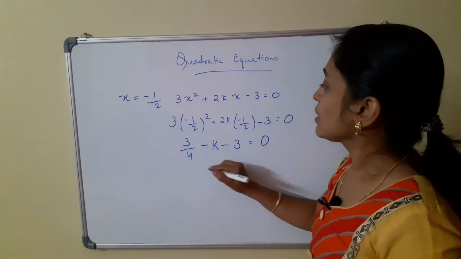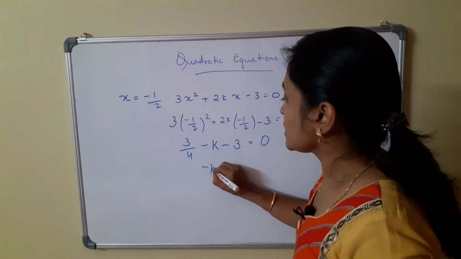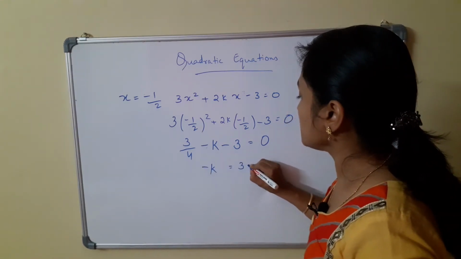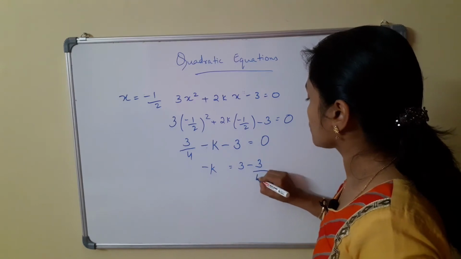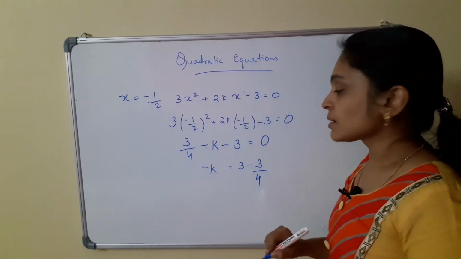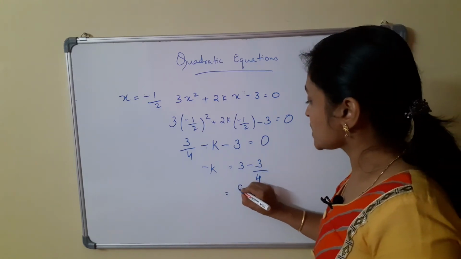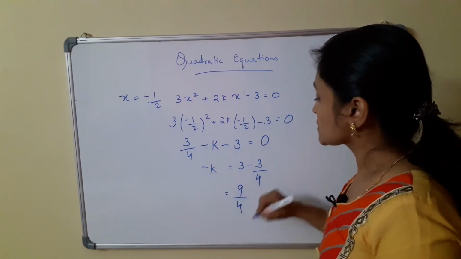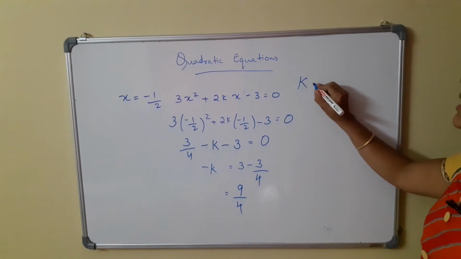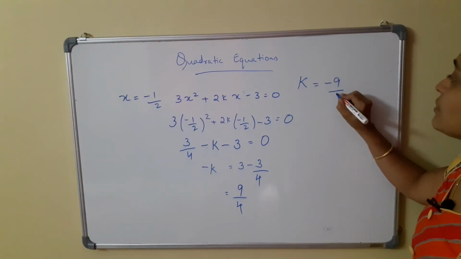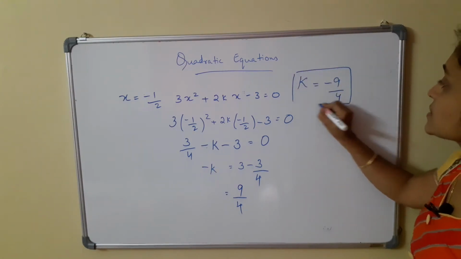Then minus k equal to 3 minus 3 by 4, equal to 12 minus 3 by 4 is 9 by 4. So what is k? k equal to minus 9 by 4 is the answer.